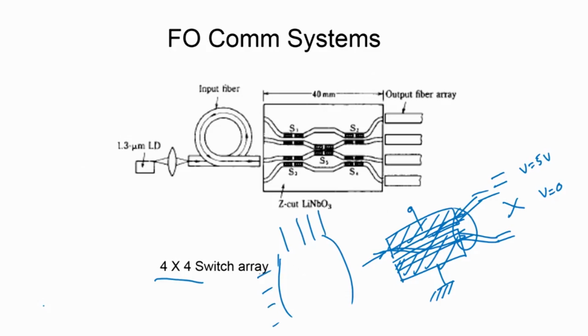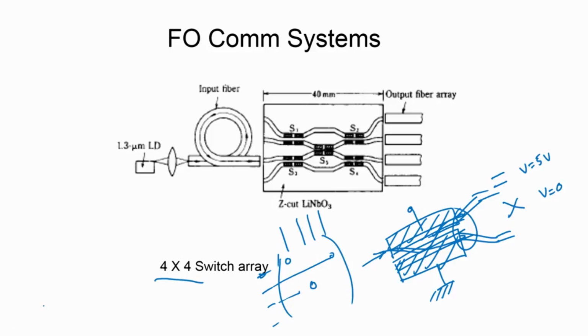Say, power coming from the first port is to be routed into the first port, or power coming from the third port has to be routed to the third port, and power coming from the second port may have to be sent to the fourth port, and so on. Whatever combination is needed. Of course, all combinations are not possible, but let us look at a typical given situation.